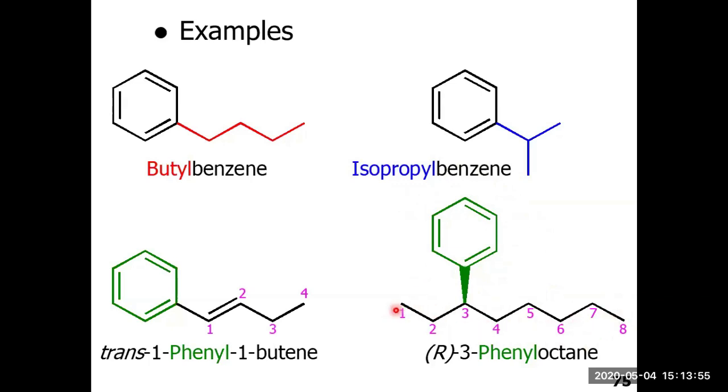And the name for this one becomes 3-phenyl octane. Again, the numbering of the parent chain starts at the end nearest the first branch point or the first substituent, and that is the phenyl ring. And if you notice, at carbon number 3, this is a chiral carbon. And if we look at the absolute configuration of this chiral carbon, it has an R configuration.